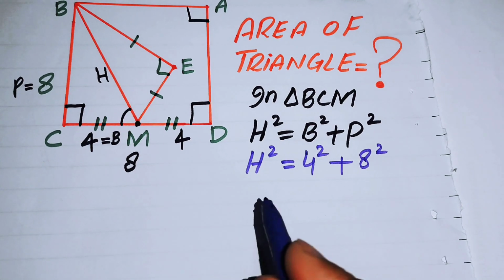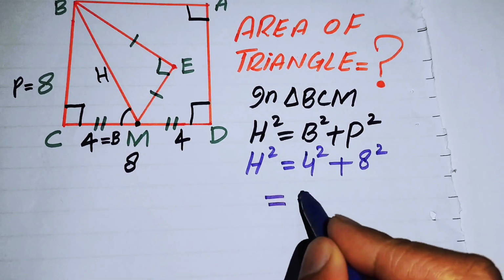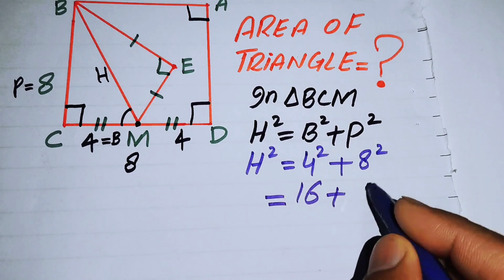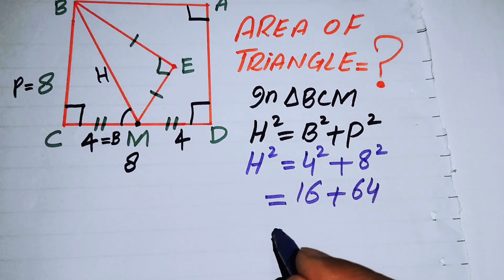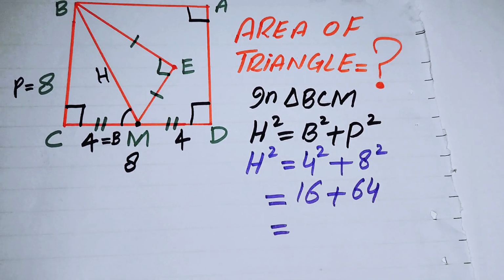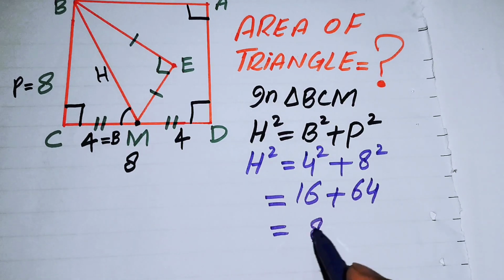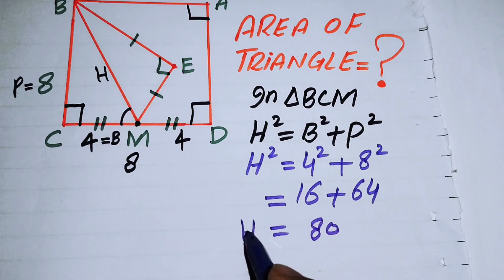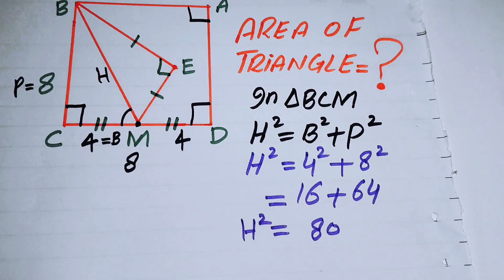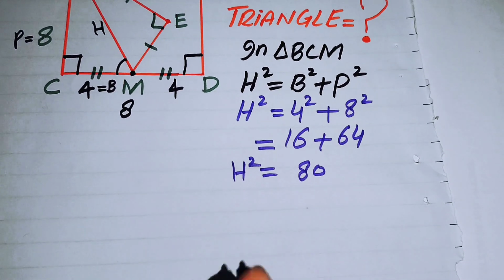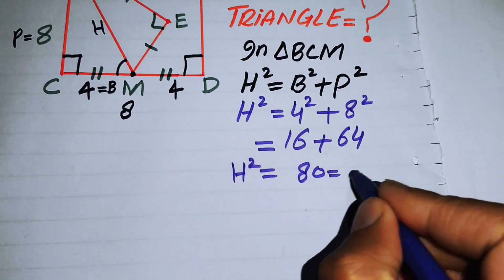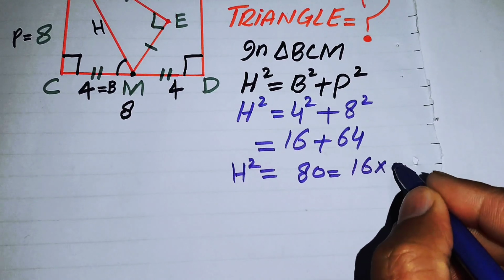Now we simplify the terms: 4 square is 16 and 8 square is 64, and when you sum up these two terms, you get hypotenuse square is 80. And now we write this 80 as 16 times 5.